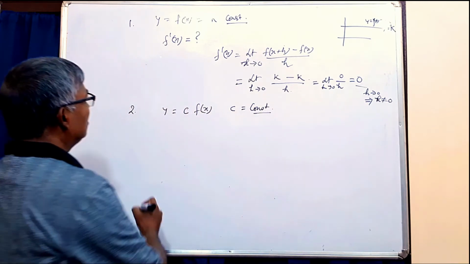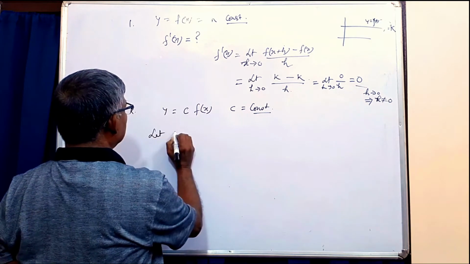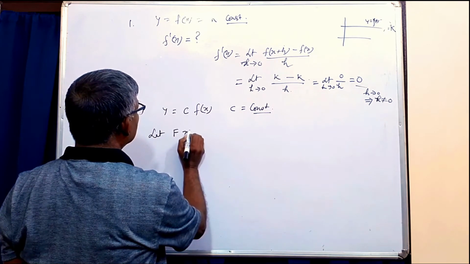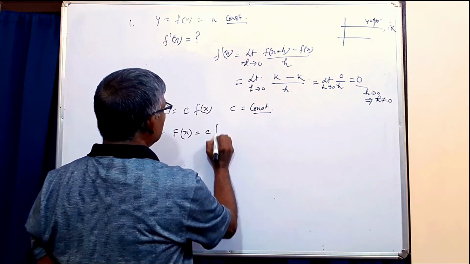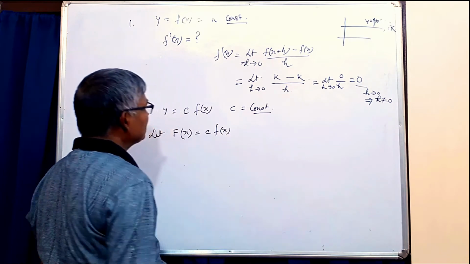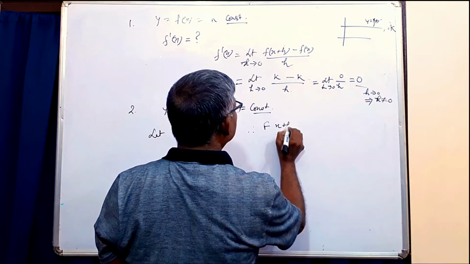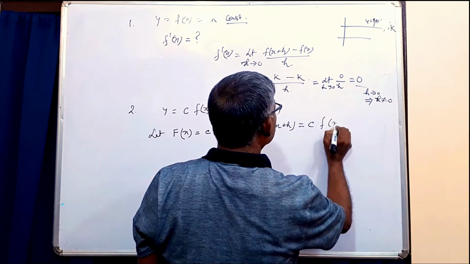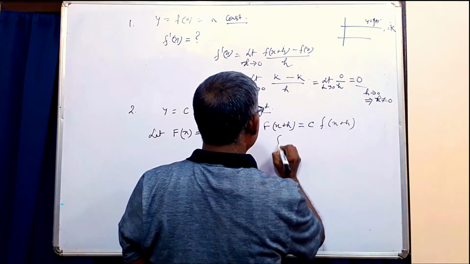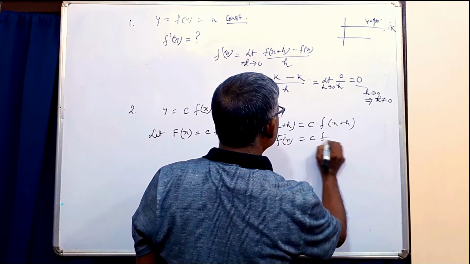Let us learn what this is. Let capital F(x) equal c into f(x). Therefore F(x plus h) equals c into f(x plus h), and F(x) equals c of f(x).